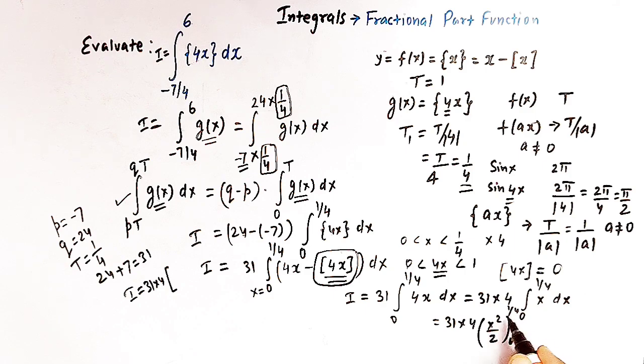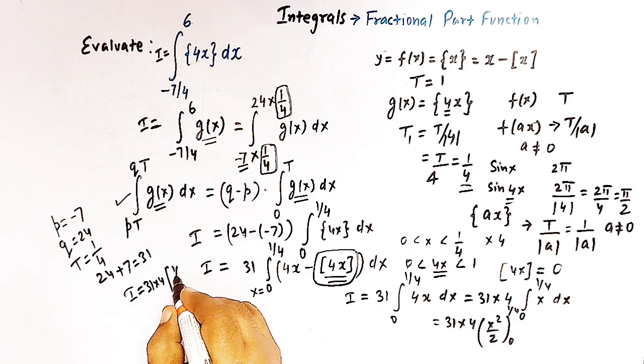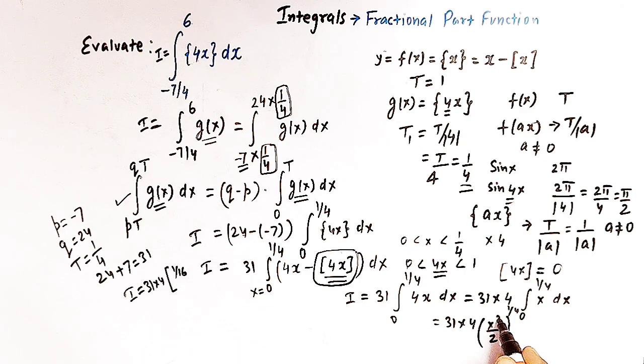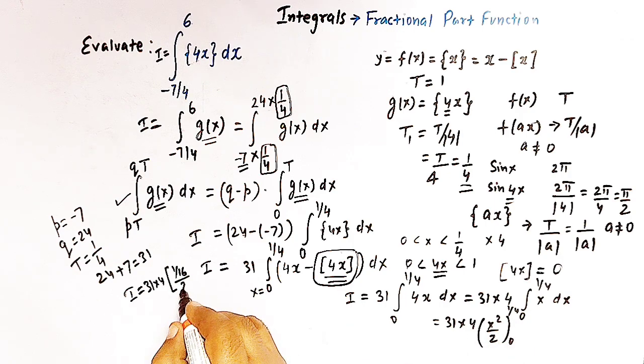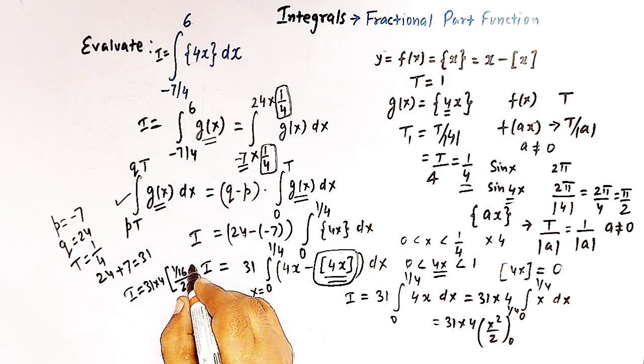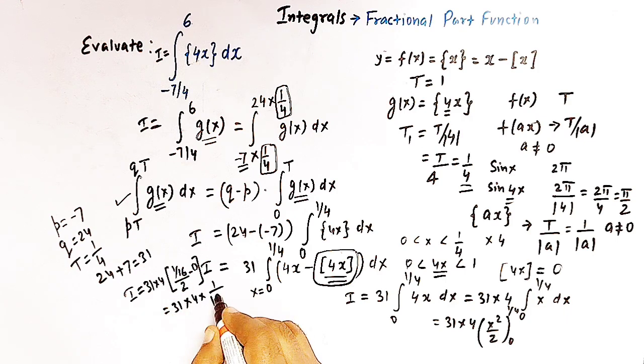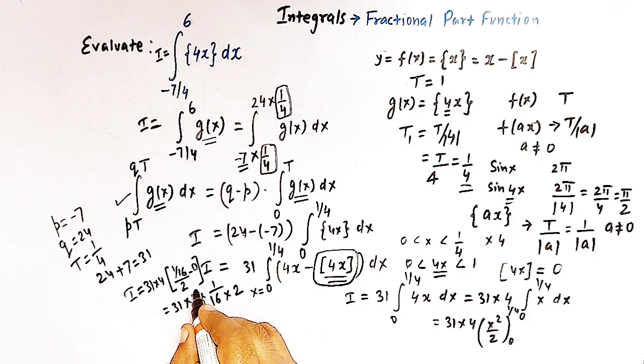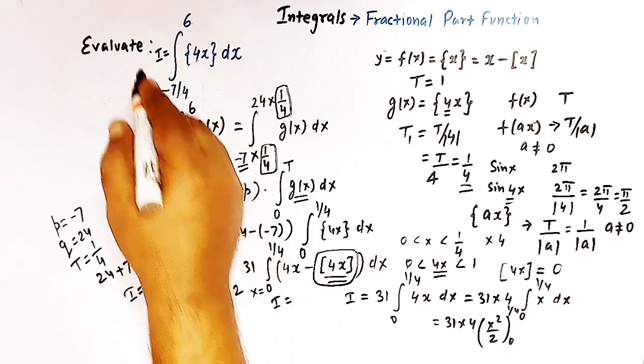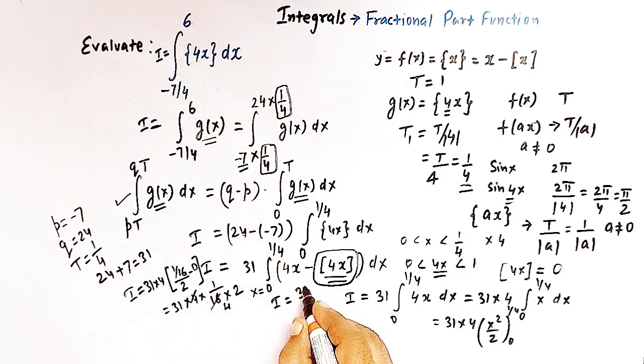When x is equal to 1 by 4, we have 1 over 16, because this is x square, and the denominator is 2, and when we take 0, this term is 0. So now we can solve it: 31 times 4, then 1 over 16 times 2, so 4 times 4 is 16, and 4 times 2 is 8. So the value of this integral I is equal to 31 over 8, right?